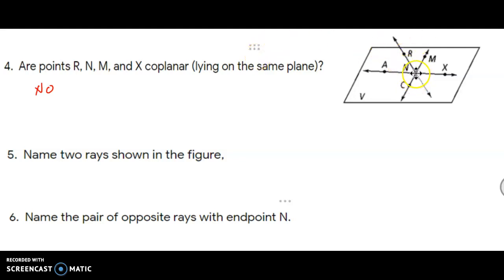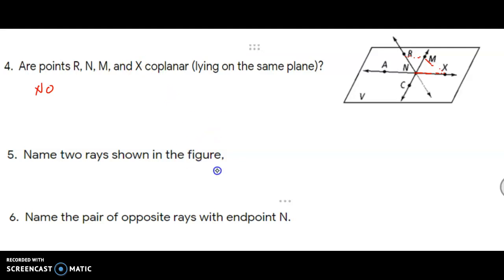If I were to connect the dots, let's say N to X to M, then you'd have to go up into space, if you will, for this point R. So it is not on the same plane. If it was just N, M, and X, then yes, that would be on the same plane. Okay? If it was R, N, and M, that could be coplanar because then X would be the odd one out. Okay? But in terms of these four specific points, it is not coplanar.